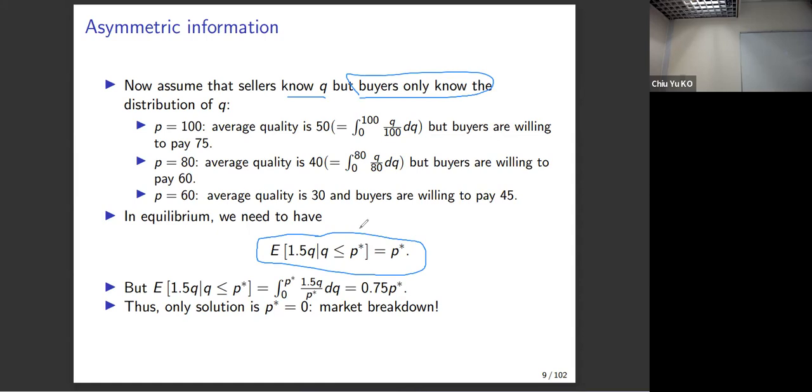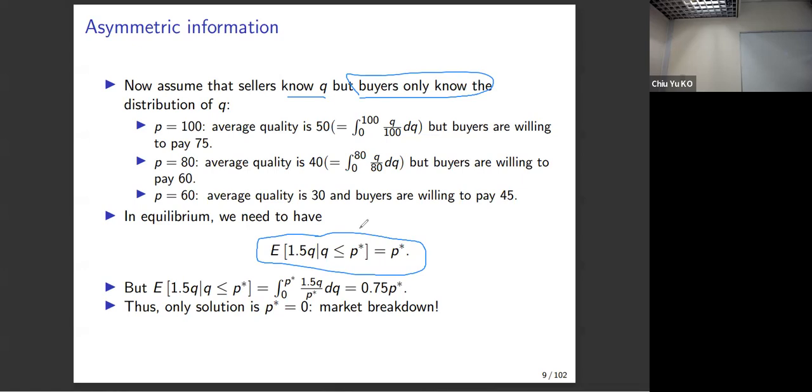Everyone is going to propose to buy at a price, and given this price, you expect what quality is there, and then you either buy or not.